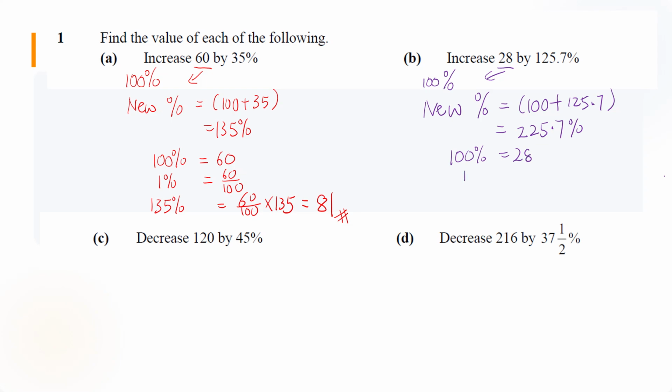So we can find 1%, which is 28 divided by 100.